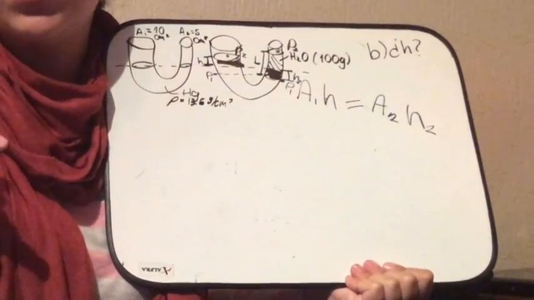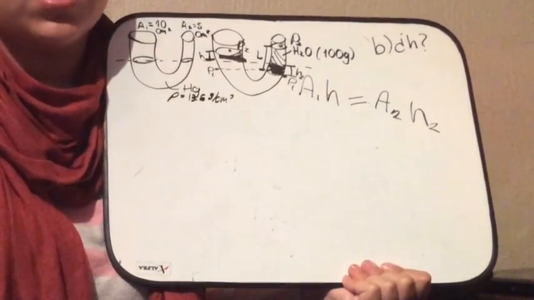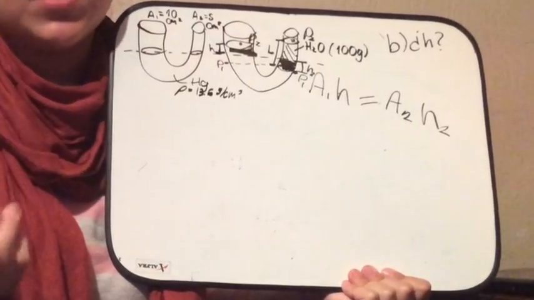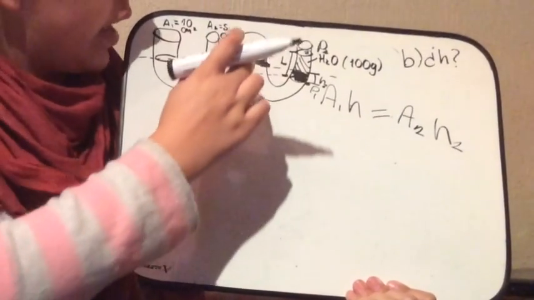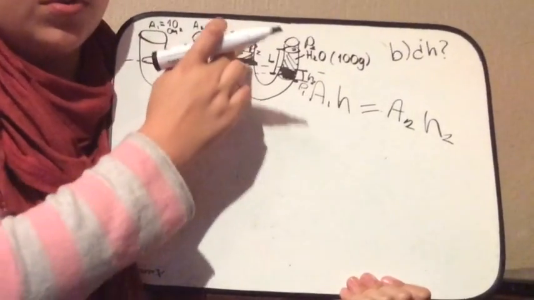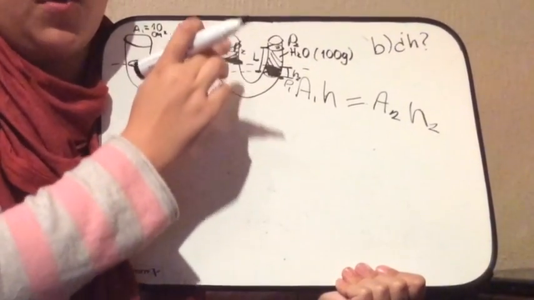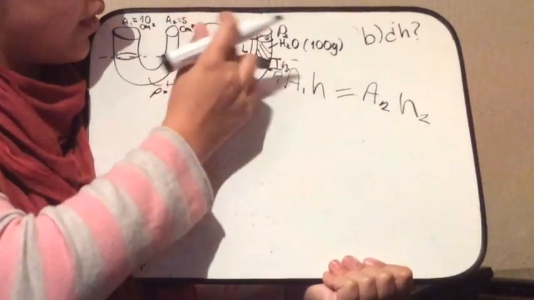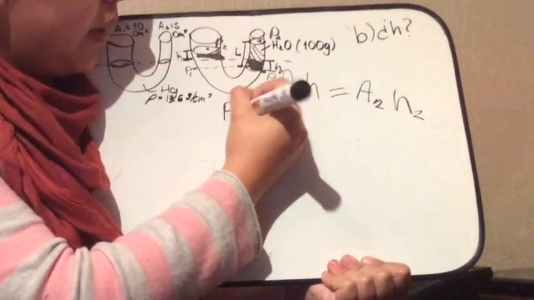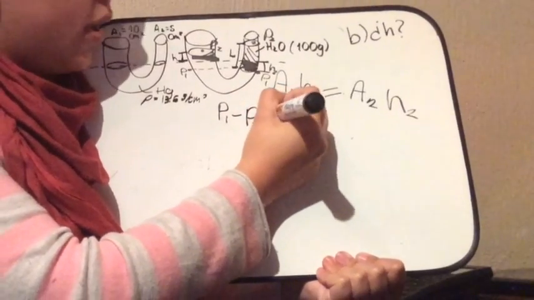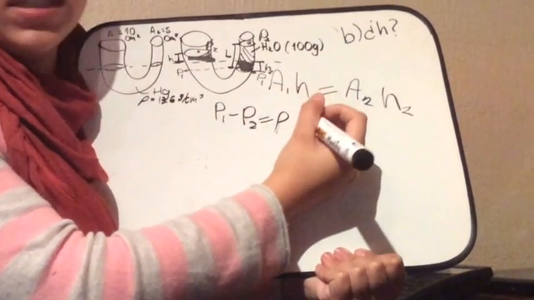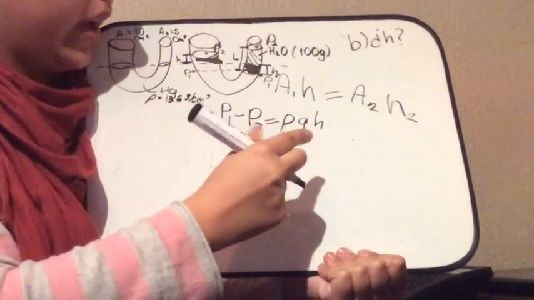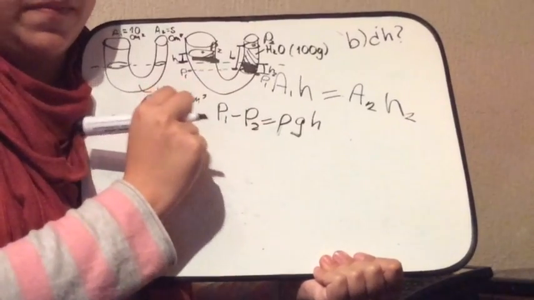Because it is a very small tube and it's a matter only of centimeters, the change in the pressure of the air must not be considered. So in this case, we can use Archimedes' law, to figure out that on this side, P1 minus P2 must equal the density times g times h. Okay, so this is applicable for both sides.